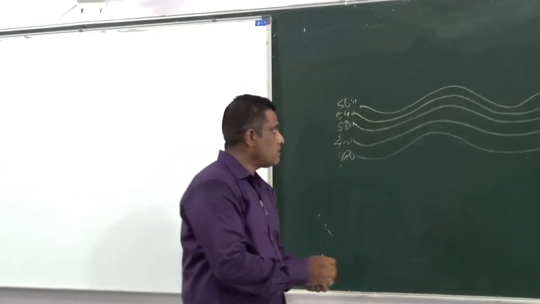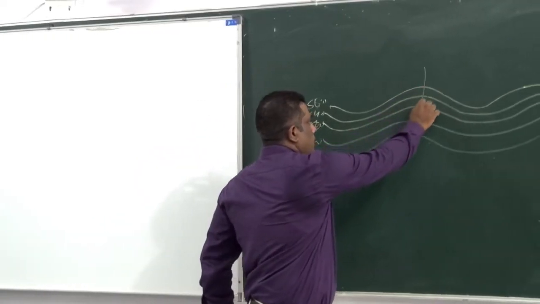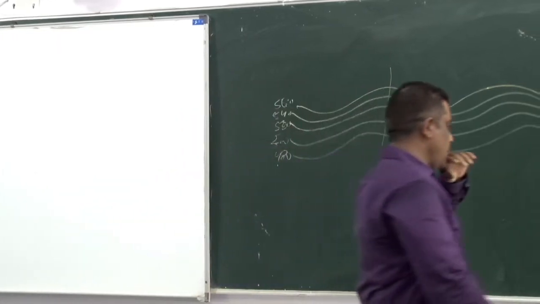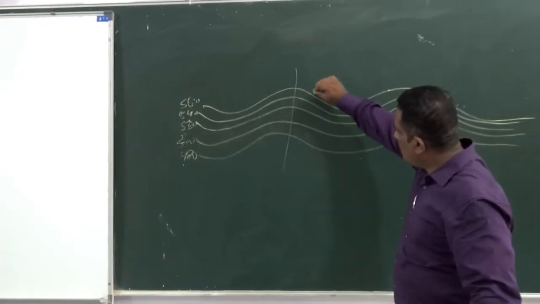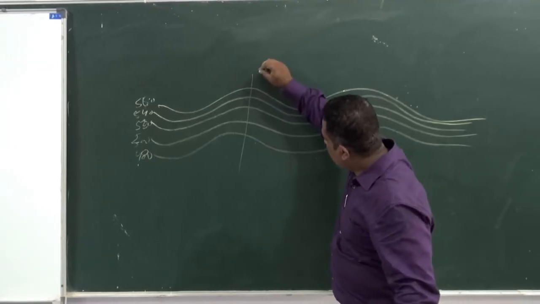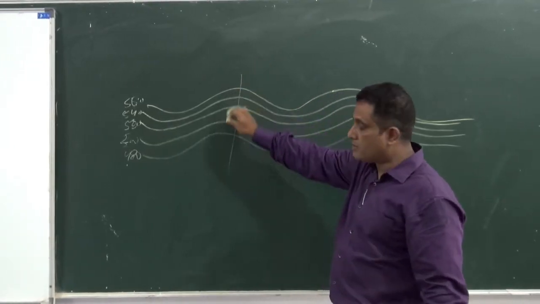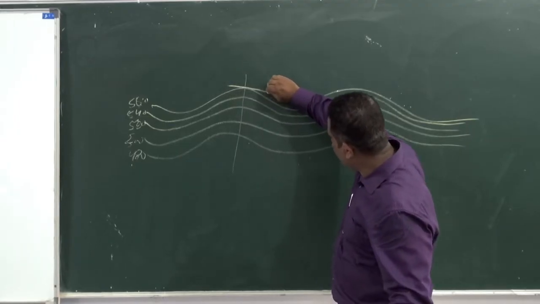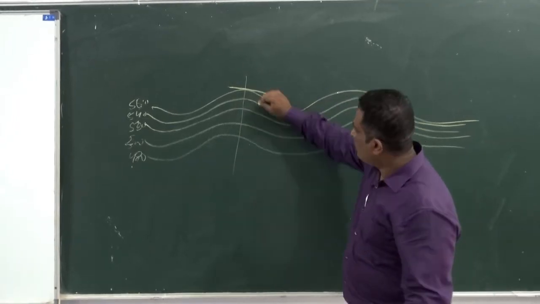What you have to do is first make a tangent along the tip of this map. Now draw a line along the tip of this map. Then draw one line perpendicular, draw one tangent.